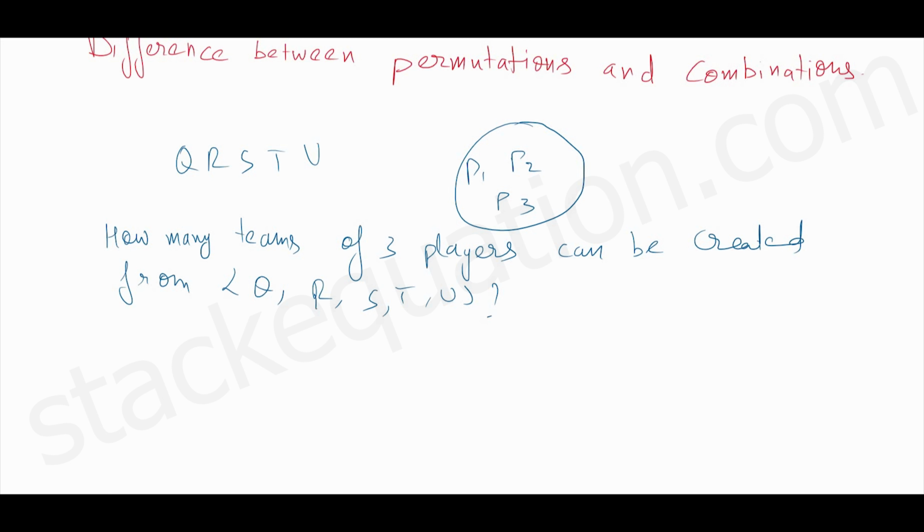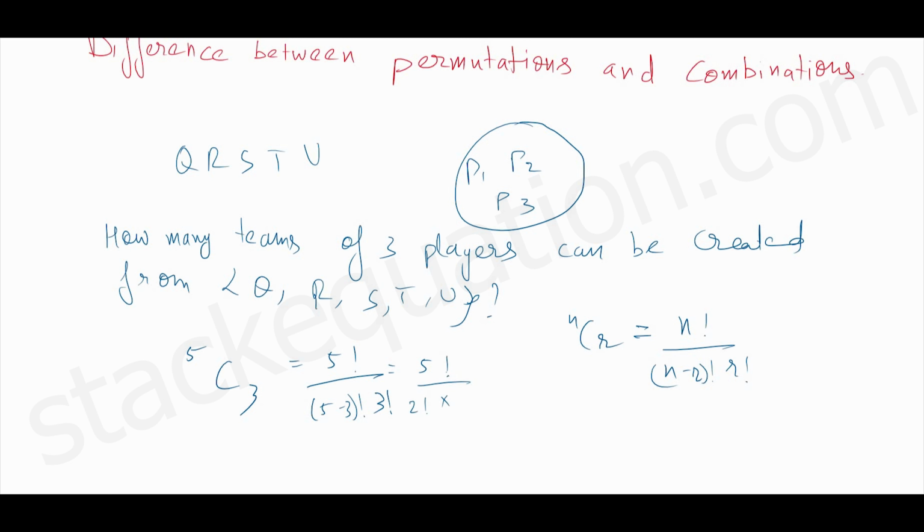All right. So using combinations, we know that out of 5 players, we can select 3 players, right? So the formula of nCr is n factorial by n minus r factorial by r factorial. That is 5 factorial by 5 minus 3 factorial into 3 factorial, which will be 5 factorial by 2 factorial into 3 factorial.